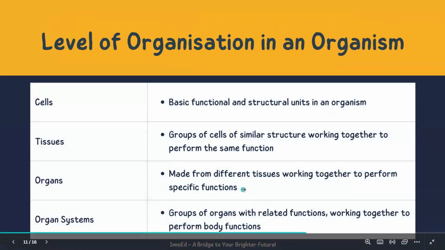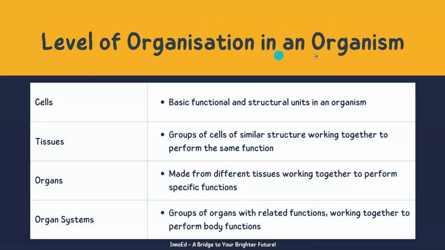This is the table of level of organization in an organism. The first one, cells. Cells are the basic functional and structural units in an organism. Sometimes this is the only level that is present in an organism, such as bacteria. Tissues.